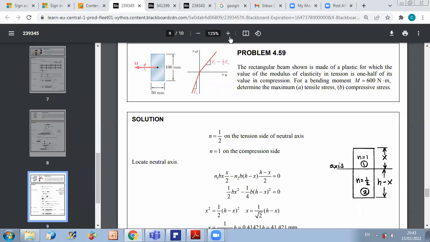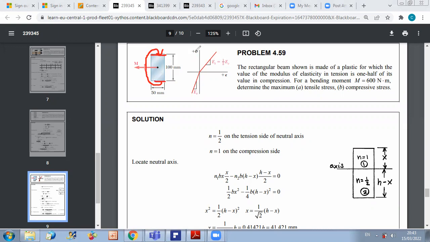So first, as you can see in the figure, you have a positive bending moment applied on your cross section. This will lead to compression of the upper part and tension of the lower part.